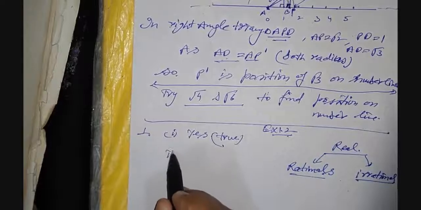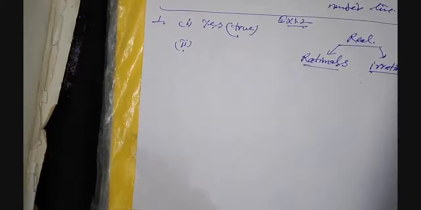Second part: every point on the number line is of the form under root m, where m is a natural number. Is it true?